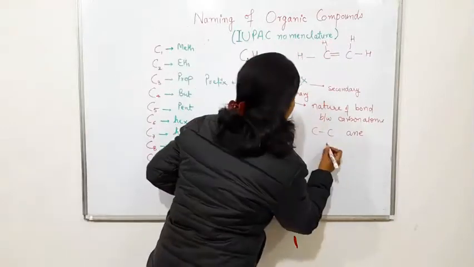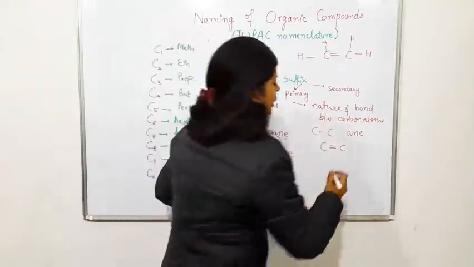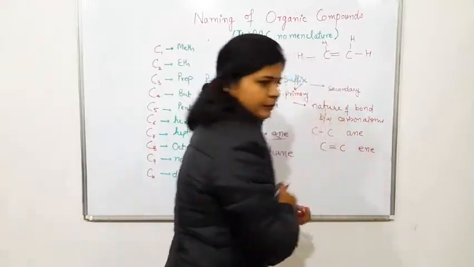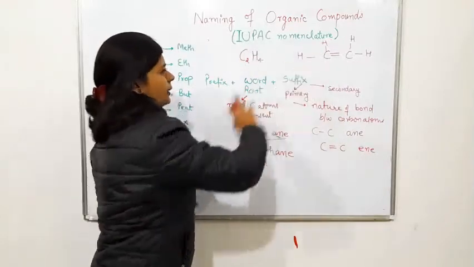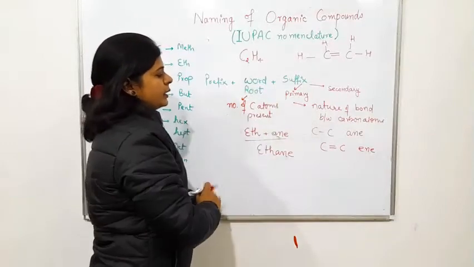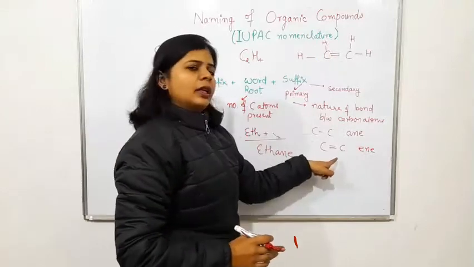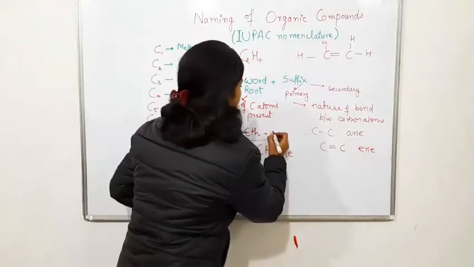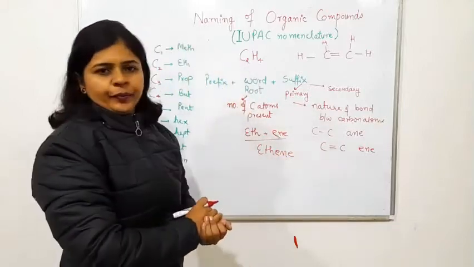And whenever a double bond is present between carbon atoms, instead of ane, we write ene. Now here the word root will remain eth, because 2 carbon atoms are present. The primary suffix in this case will not be ane, because here the double bond is there, so it will be ene. So the name becomes ethene.